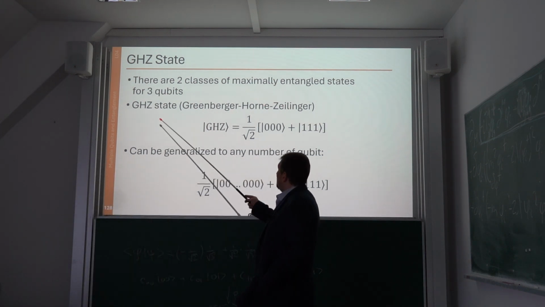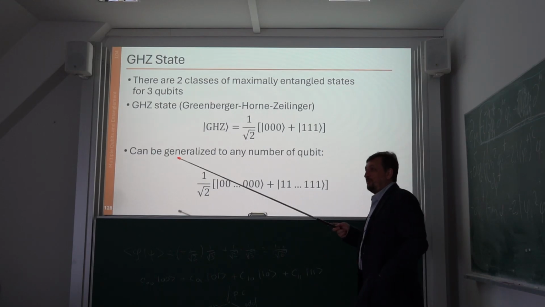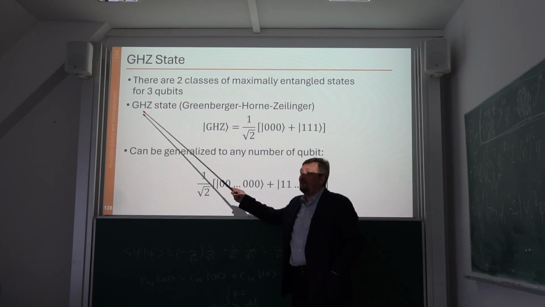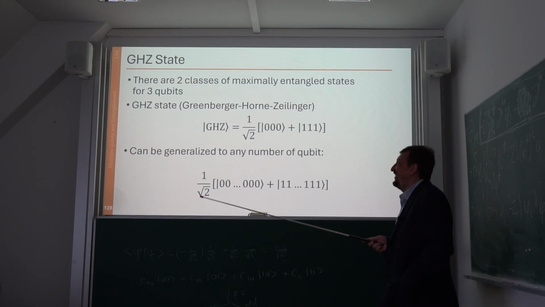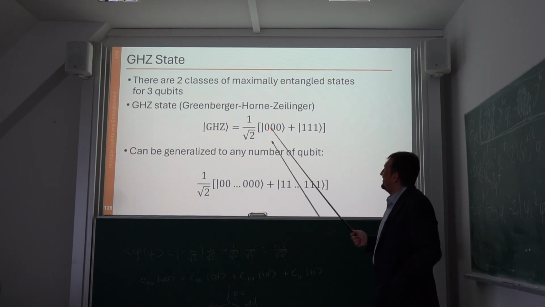Okay, so this is the GHZ state, or as Andrei would probably call it, because he also comes from microwave physics, the gigahertz state. So this is the GHZ state.